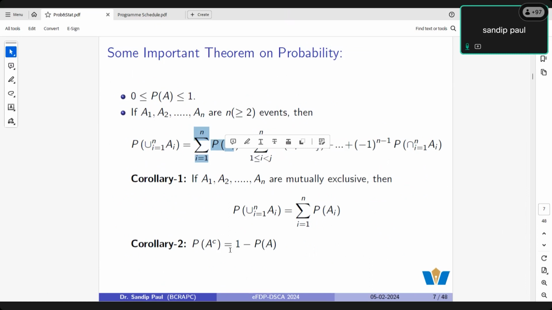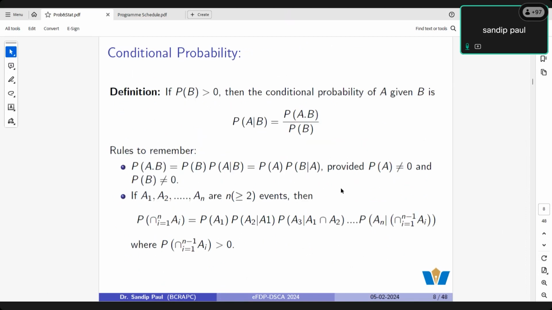If there are only two possible outcomes, the first is the happening of A and the second is the non-happening of A, then the probability of non-happening of A can be obtained from the probability of A by using the formula 1 minus P of A. That means here A and A complement are disjoint and they define the entire sample space. That means they are exhaustive events, and there are no other events in the picture.